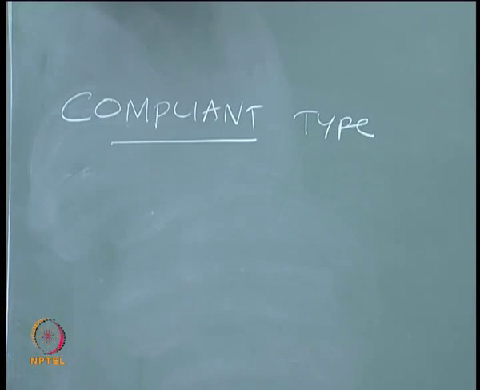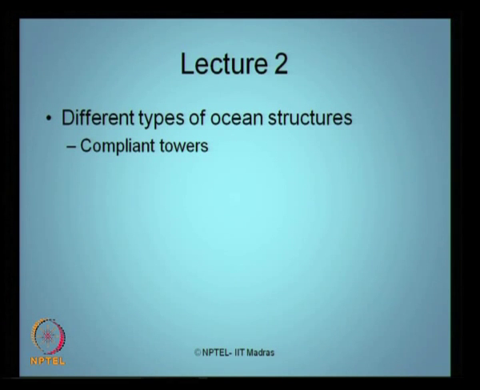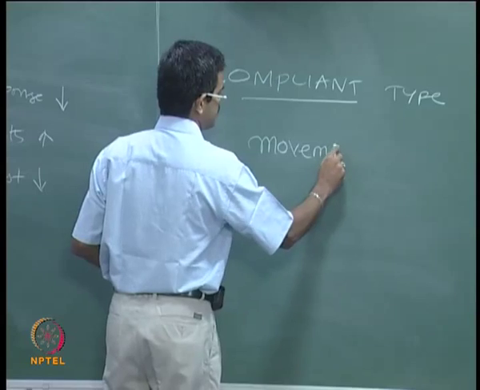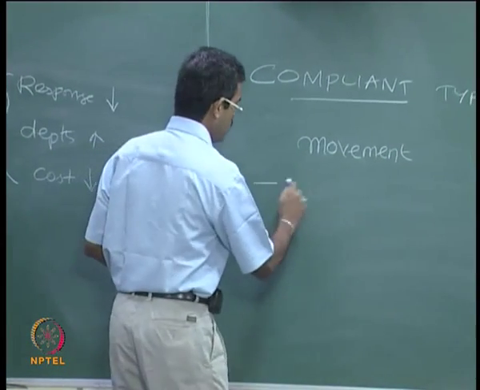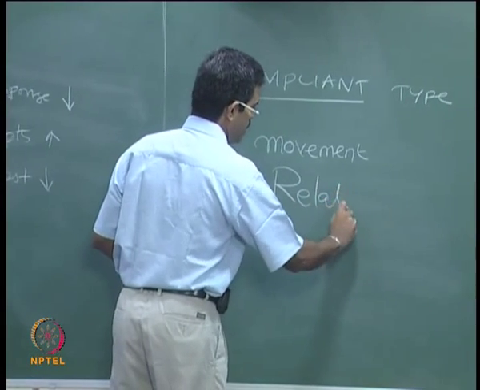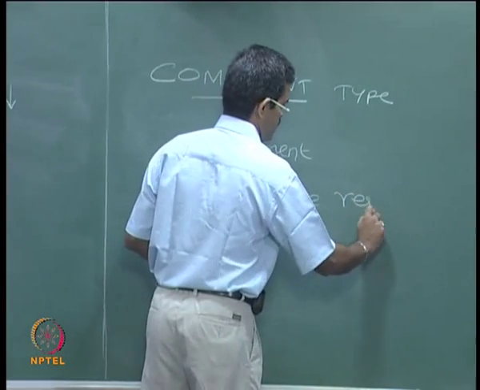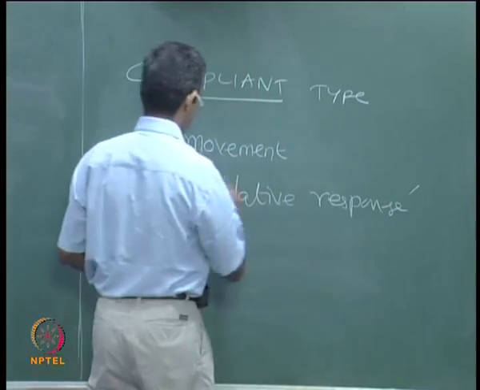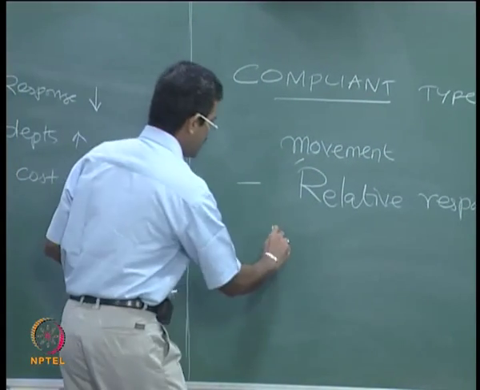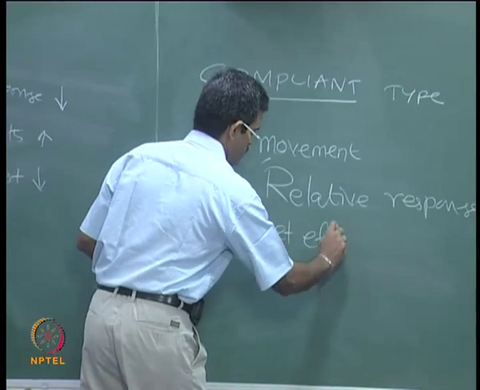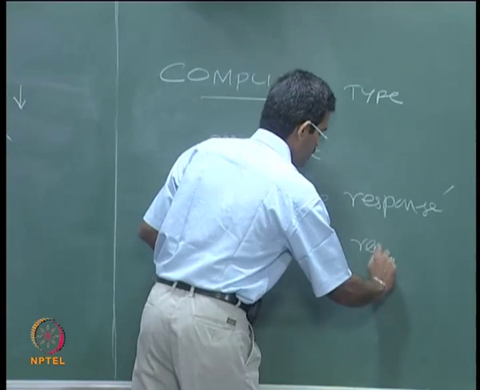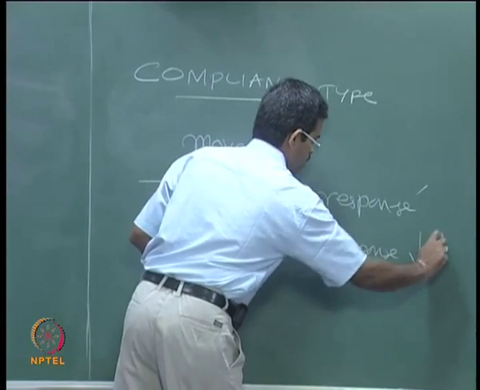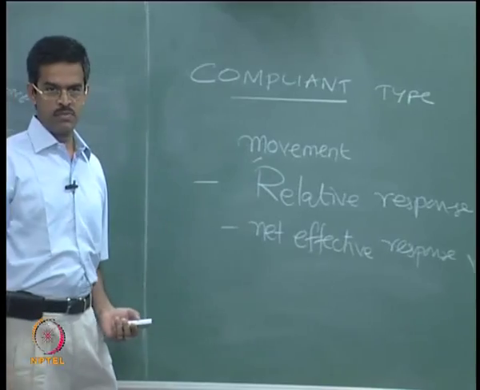So, compliant means moving; compliancy stands for movement. The moment I say movement, I will speak about relative response. So, the net effective response in such structural systems will be greatly reduced.